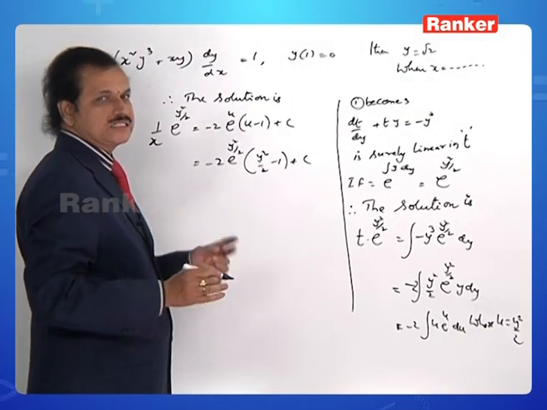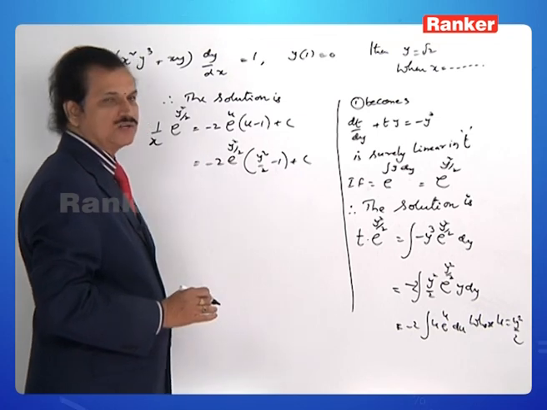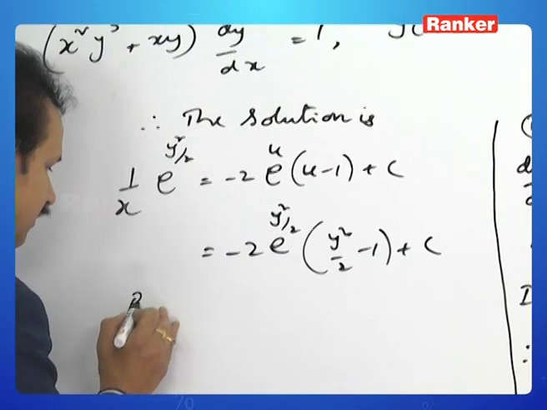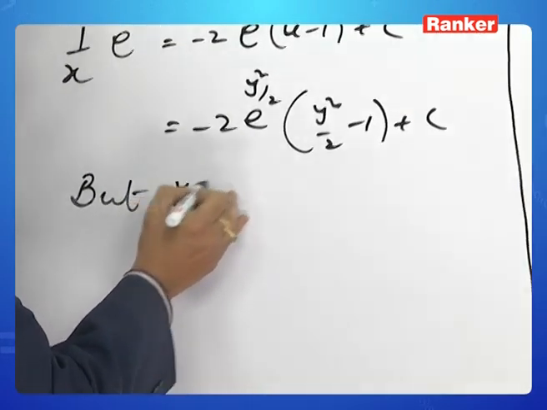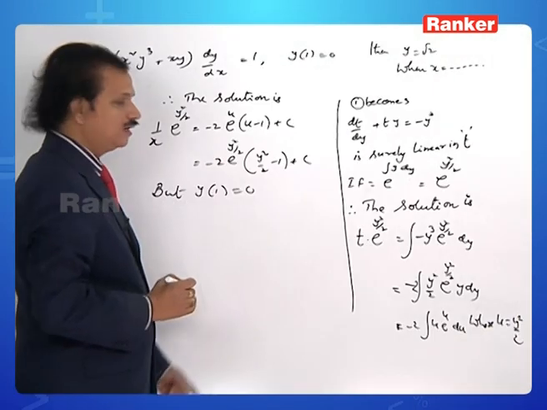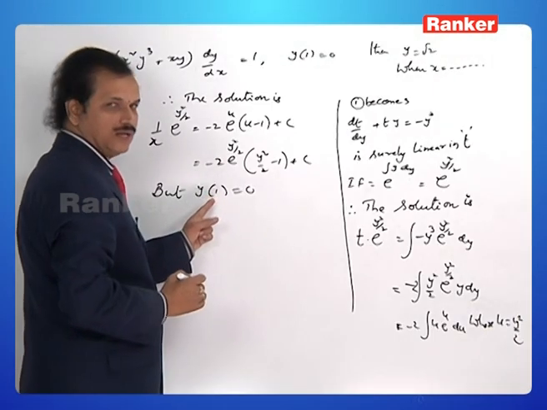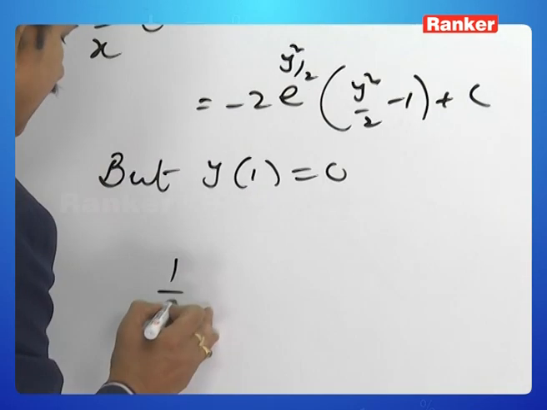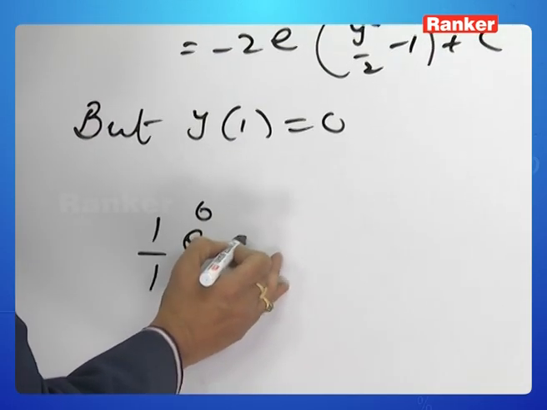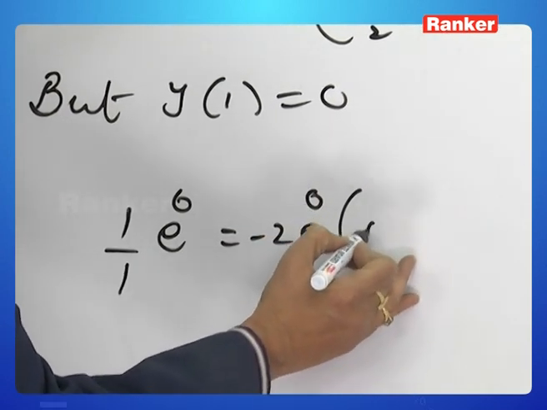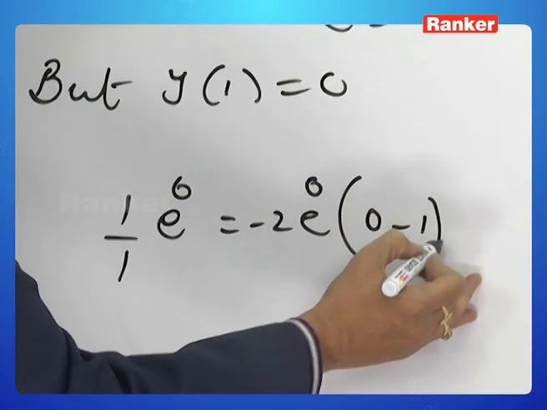Well, there are still 2 steps remaining. What are those steps? Y at 1 is 0. What does it mean? If you substitute x is equal to 1, y must be 0. That is, 1 by 1 into e power 0 is equal to minus 2 into e power 0 into 0 by 2 minus 1 plus c.